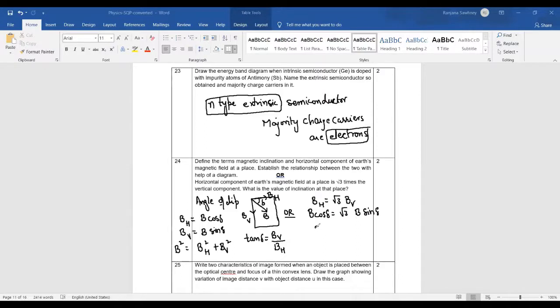So sin delta upon cos delta, which is tan delta, is equal to 1 upon √3. So delta is equal to 30 degree. Hence the angle of dip or the angle of inclination is equal to 30 degree.